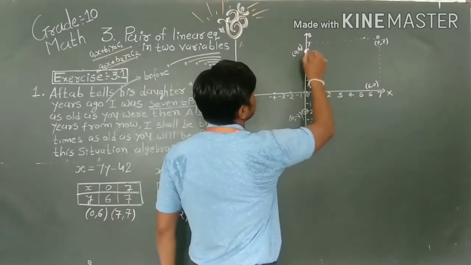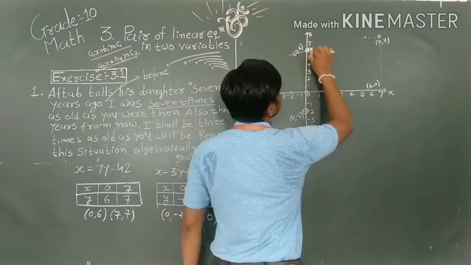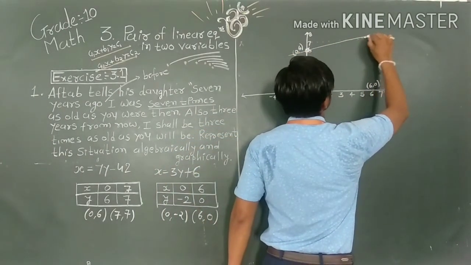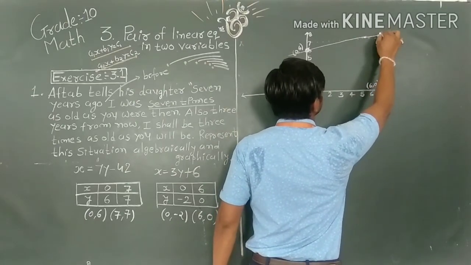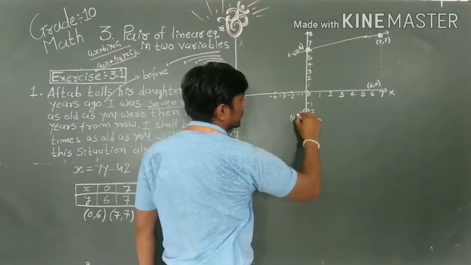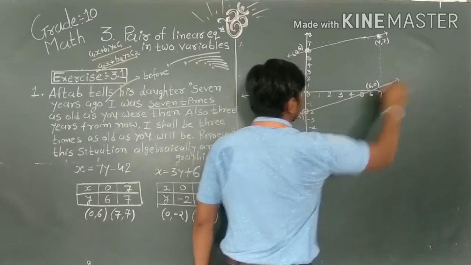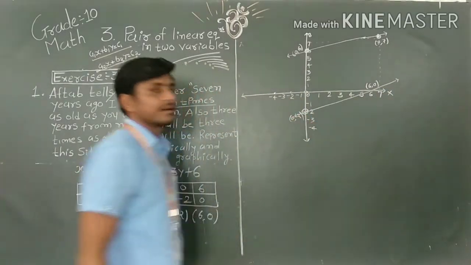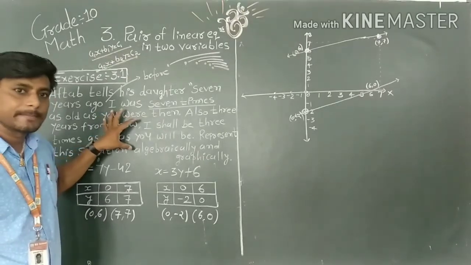We have a straight line. Suppose this one. Okay. And also here, join these 2 points. This is our graph with respect to this data.